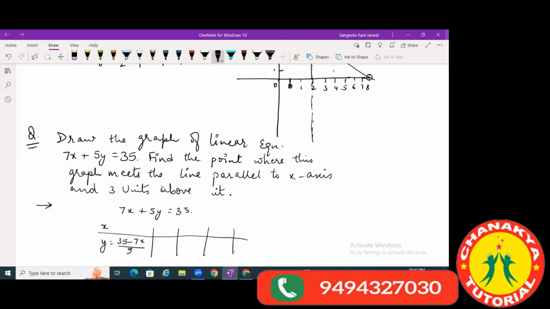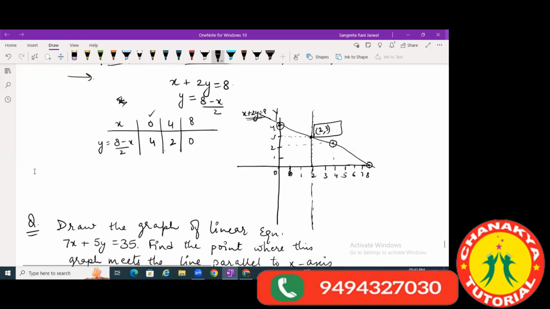Ma'am, in the last question when it was 7x or something, 2y, so you transposed. Same, it's done here, no? What is the confusion? Ma'am, the question has 7x, so I thought 7 would come in the denominator.